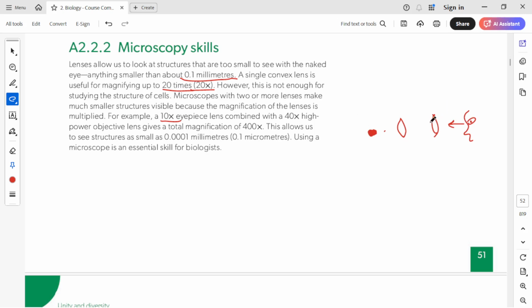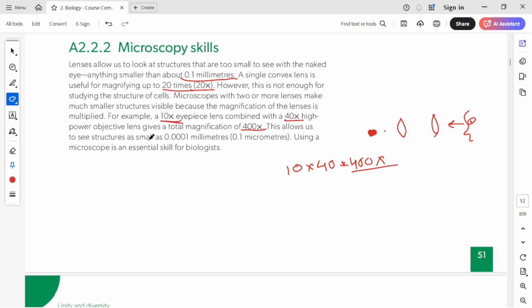For example, the first lens is say 10x and the second one is 40x, so in that case it will magnify up to 400x. The power will be multiplied: 10 into 40, that is 400x. So we can magnify the size of this image up to 400x using two such lenses.